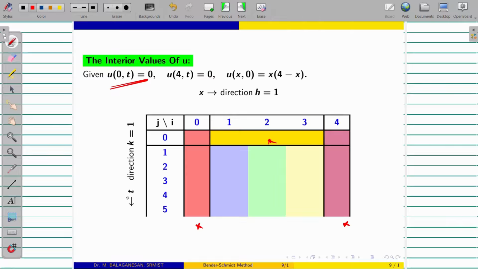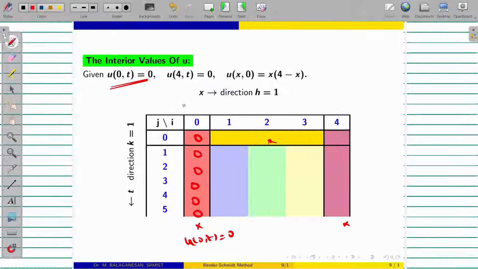In the other axis, the t axis, exactly this position. So u(0, t) = 0 represents that for all values of t, whatever t may be, the u value will be 0. 0, 0, 0, 0, 0, 0.